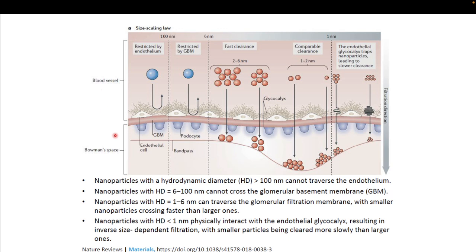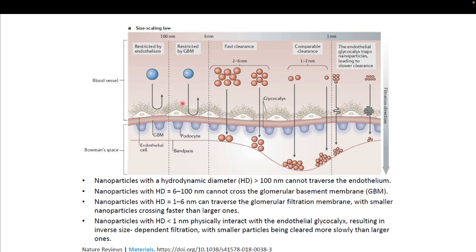First of all, this deals with the clearance of particles via kidneys. If your particle is somewhere around 5 to 10 nanometers, it will mostly be cleared off by kidneys. Now why is that the case? Because you have this GBM layer in kidney cells which is responsible for clearing these particles.